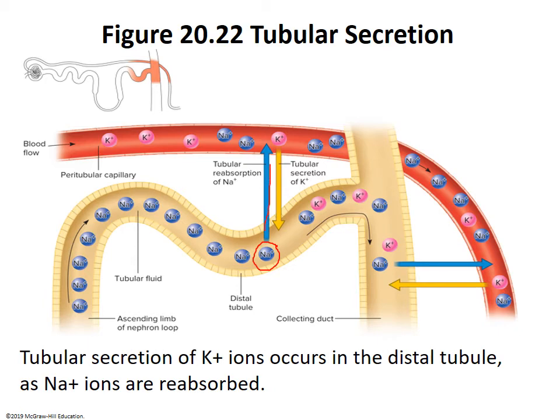So as the body will start pumping sodium back in or pulling it back in, this will cause almost a turnstile effect to get rid of the potassium, as potassium concentrations are going to get elevated in this peritubular capillary bed.